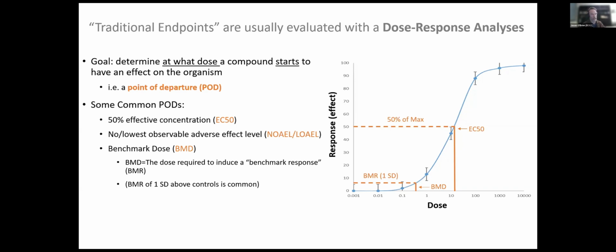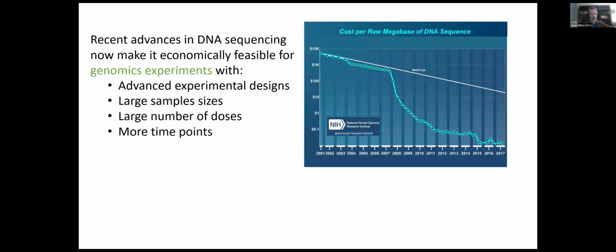But one of the challenges with using this approach in genomics is that dose response analysis requires a large number of dose groups and replicates, which has not been very practical in genomics until recently. But recent advances in DNA sequencing have really dropped the price.